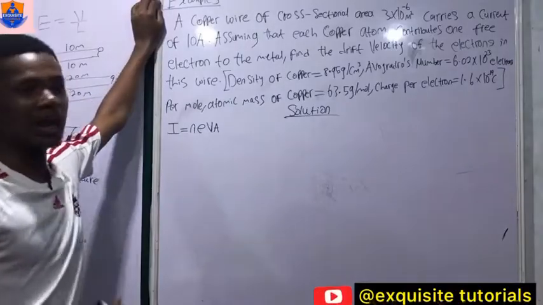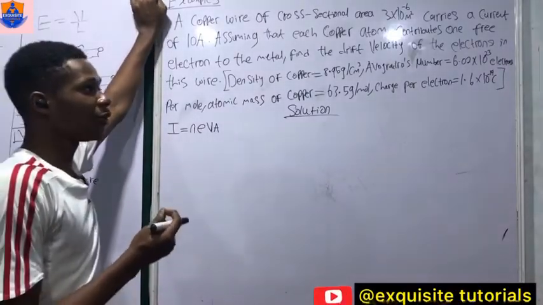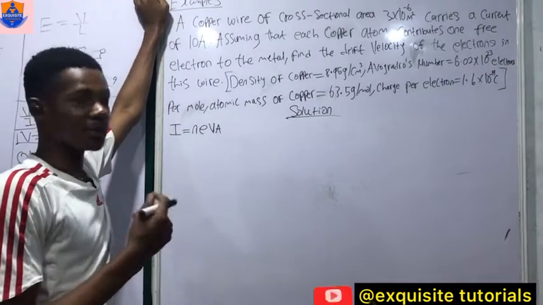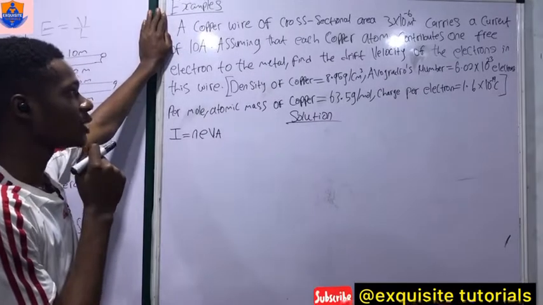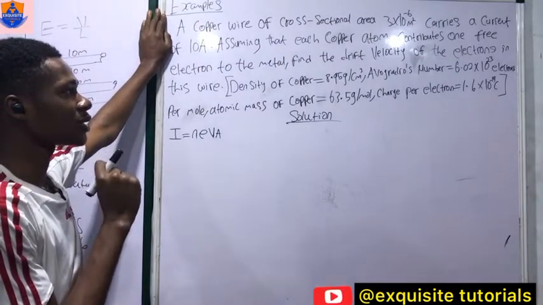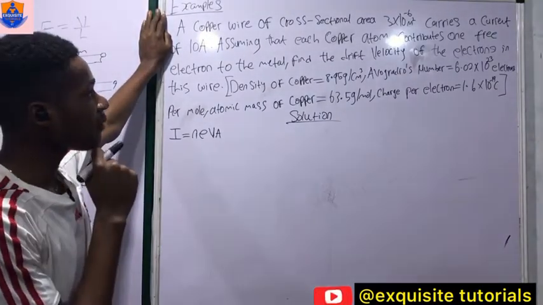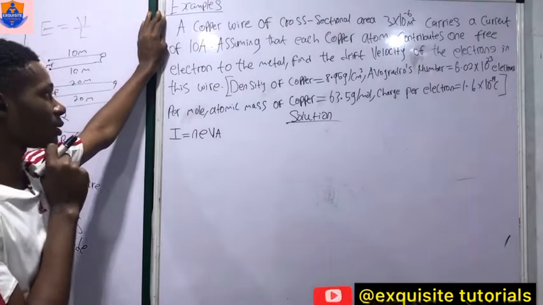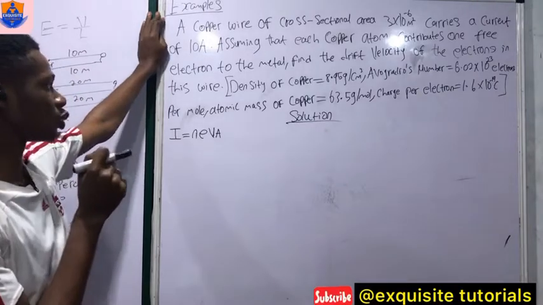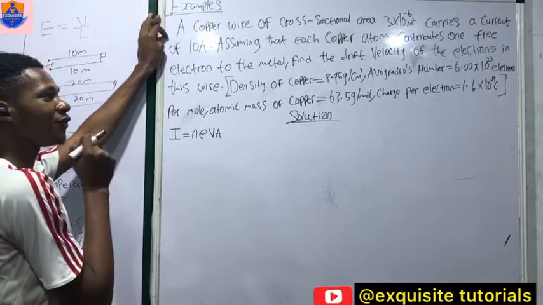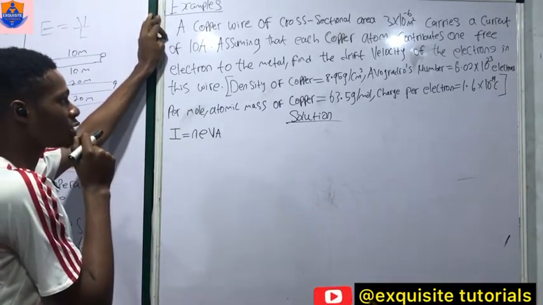Now let's take an example on the previous formulas we've derived and the explanations we took. We have a copper wire of cross-sectional area 3 times 10 to the power of minus 6 meters squared that carries a current of 10 amperes. Assuming that each copper atom contributes 1 free electron to the metal, find the drift velocity of the electrons in this wire.